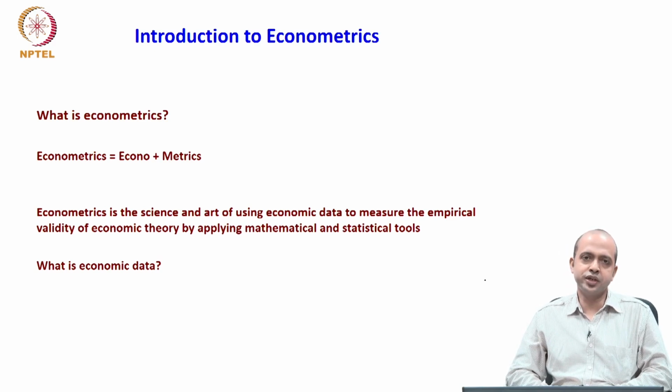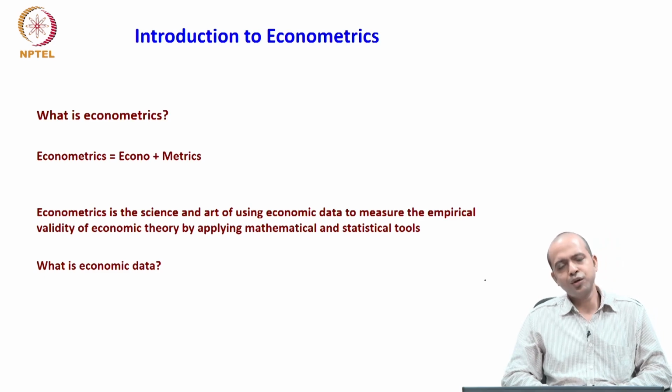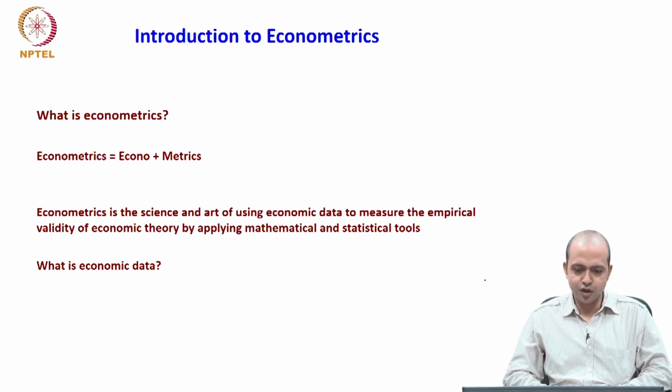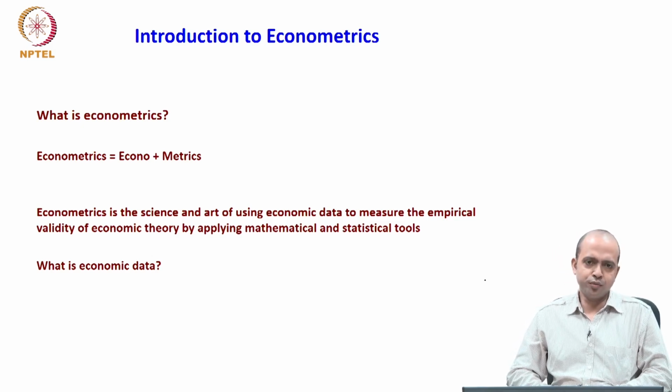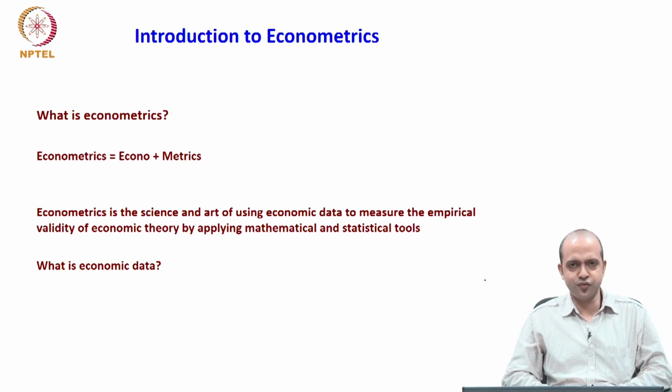Mathematical economics basically represents economic theory using a mathematical model, using equations. For example, we all know the economic theory of the Keynesian consumption function, which says that as income increases, consumption also increases, but less than proportionately.